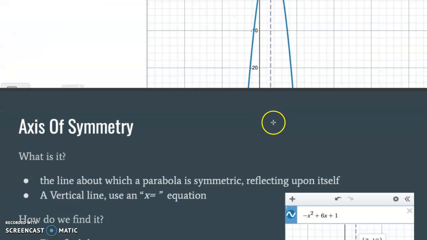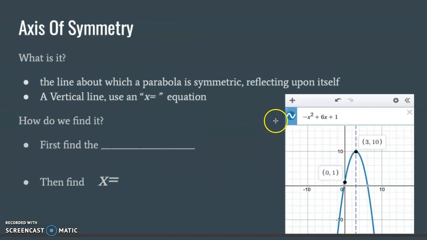So let's see. Axis of symmetry. Here's the definition you can write in your notes. What is it? It's a line about which a parabola is symmetric, and that's the line where the parabola reflects on itself. It's a vertical line, and we are always going to use x equals when we're talking about axis of symmetry. So, first find the a, b, and c values.